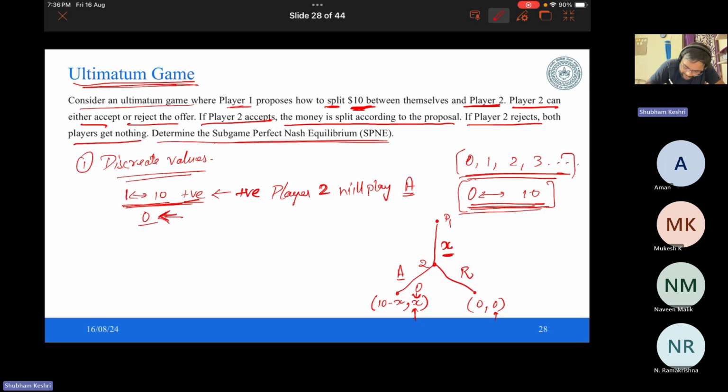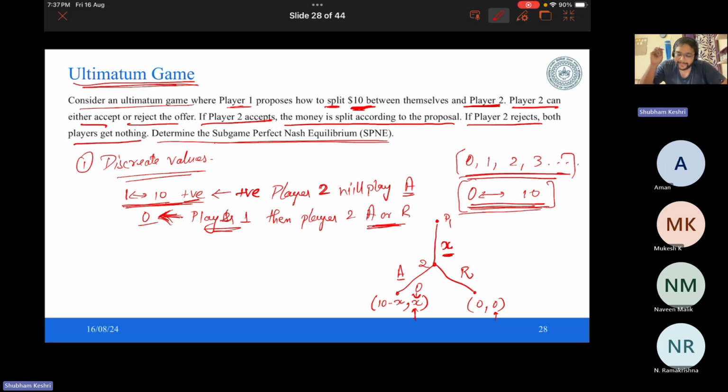When player 1 plays 0, then player 2 can either play accept or reject. In that case, you can have both as the Nash equilibrium. Accept at 0 and reject at 0, both as Nash equilibrium.